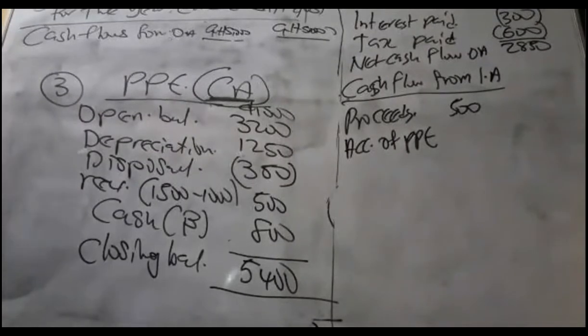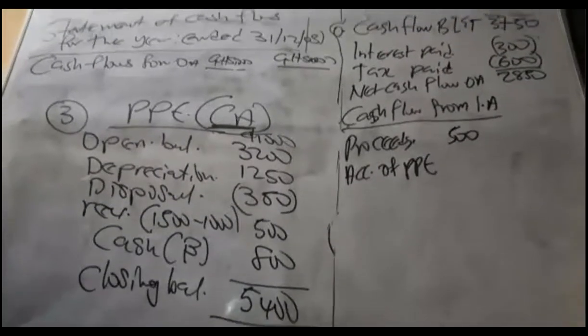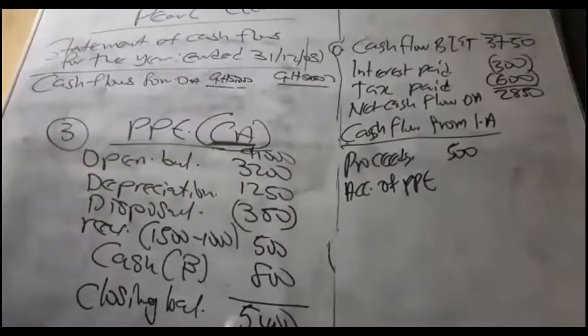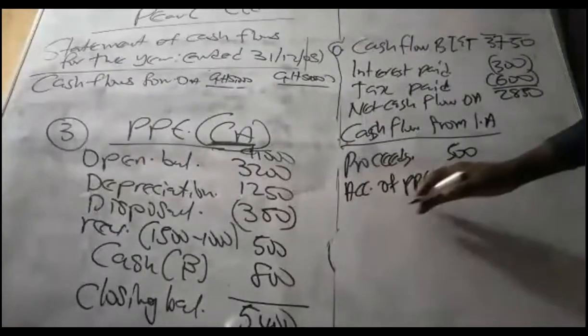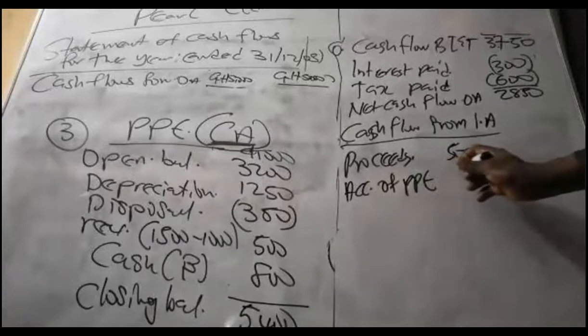PP acquired. Now, in the exams, the difficult section is the cash flow from operating activity. When you are done with the cash flow from operating activity, within a few minutes you will finish the entire section. So let's go and record it. The cash acquisition of PP, 800, will be inflow or outflow?